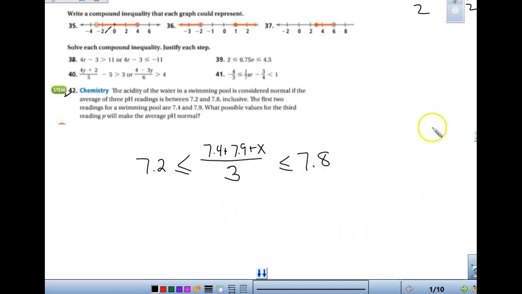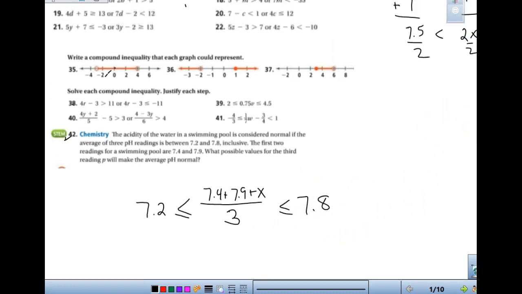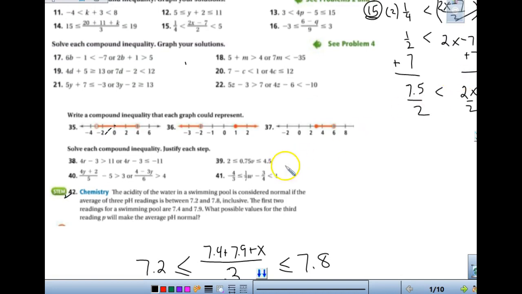Okay? So 42, you need to finish that. I'm not going to finish that one as you are looking at it. 38, do 2 separate questions. So when I look at 38 and 40, you are doing just the problem totally by itself. You're doing the first part in 38: you're taking 4r minus 3 greater than 11, and you're adding 3.